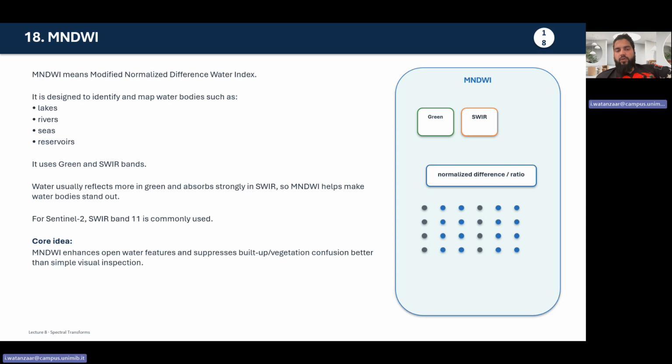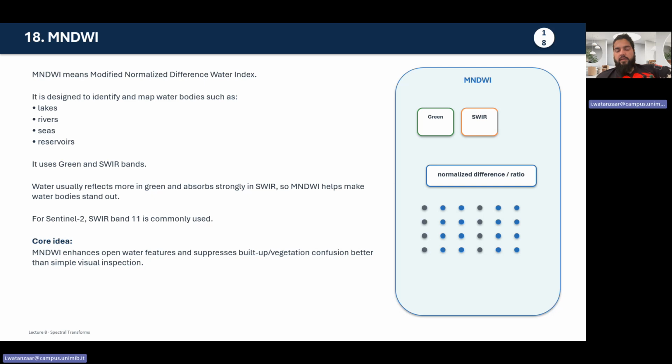For Sentinel-2, shortwave infrared band 11 is commonly used for water body detection. So MNDWI often enhances open water features and suppresses built-up or vegetation confusion better than simple visual inspection.